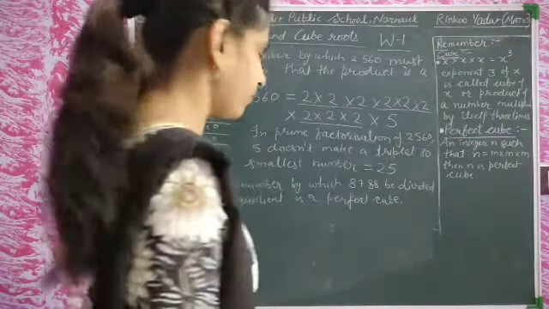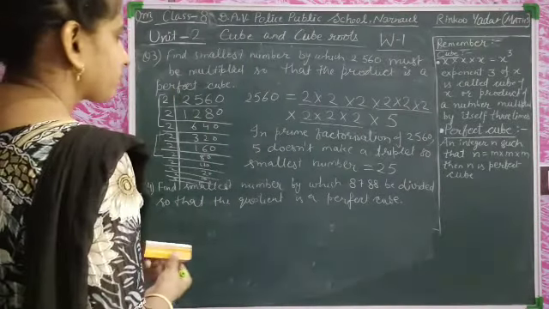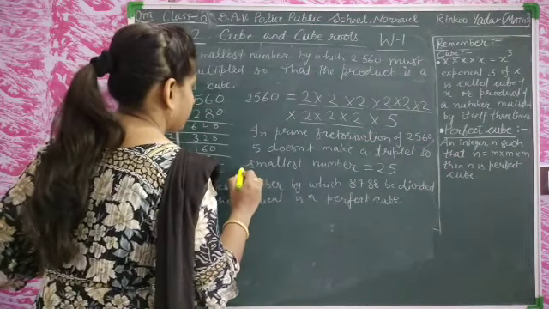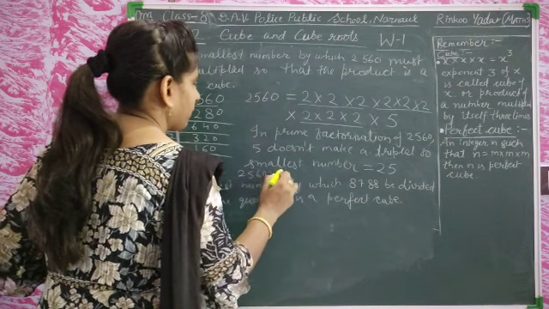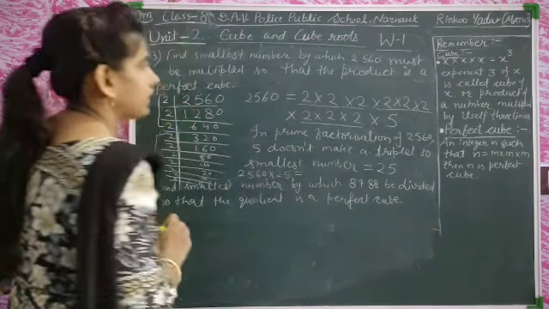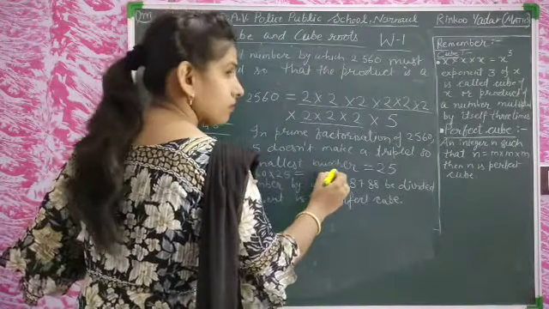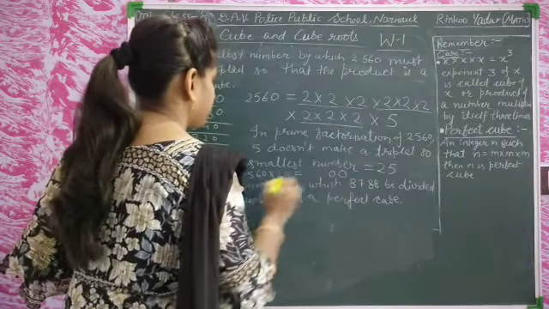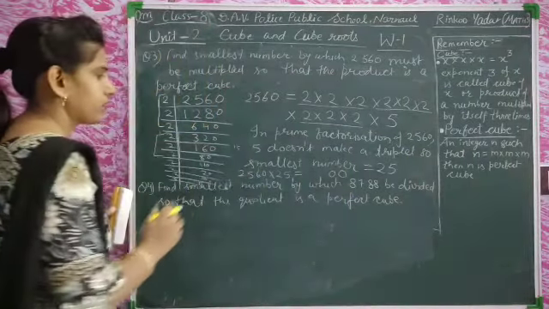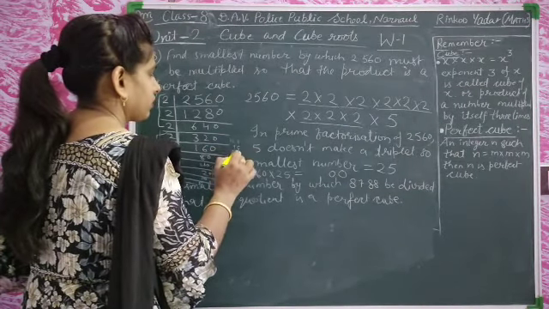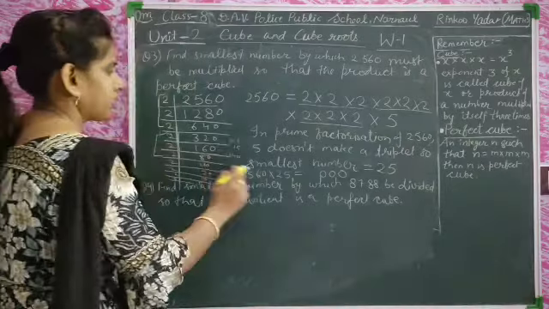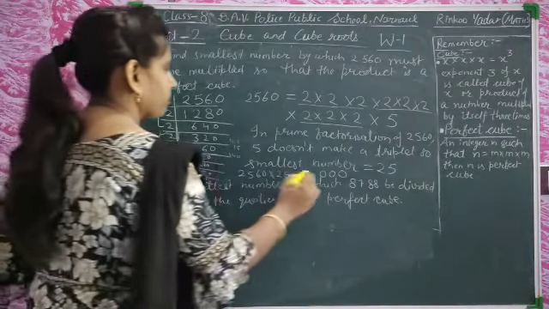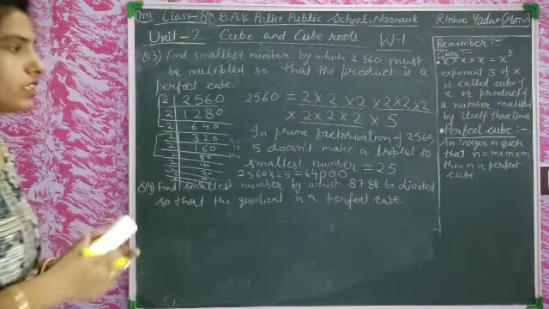So we will find here 2560 multiplied by 25, and that should be equal to 64,000.